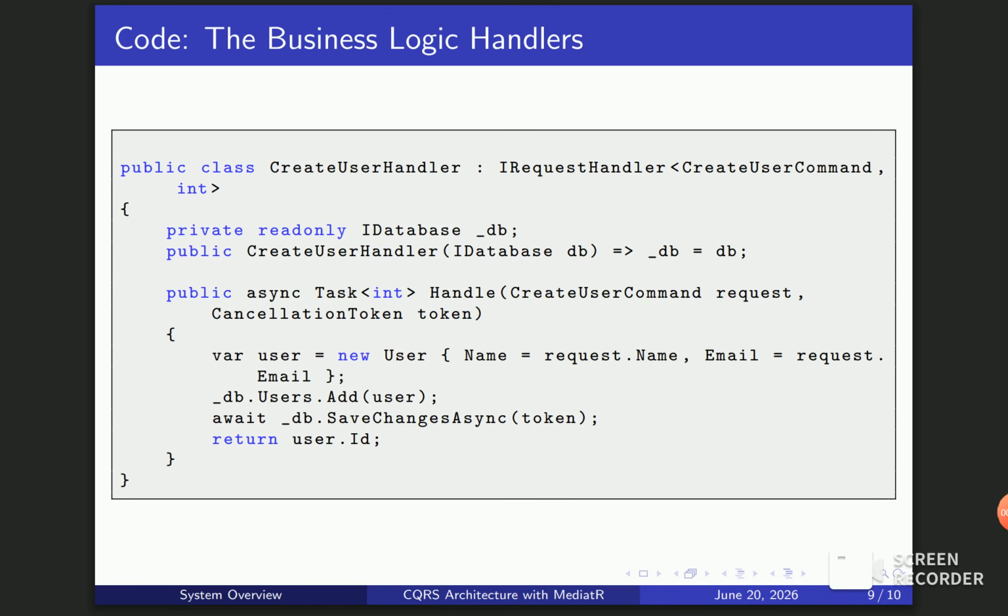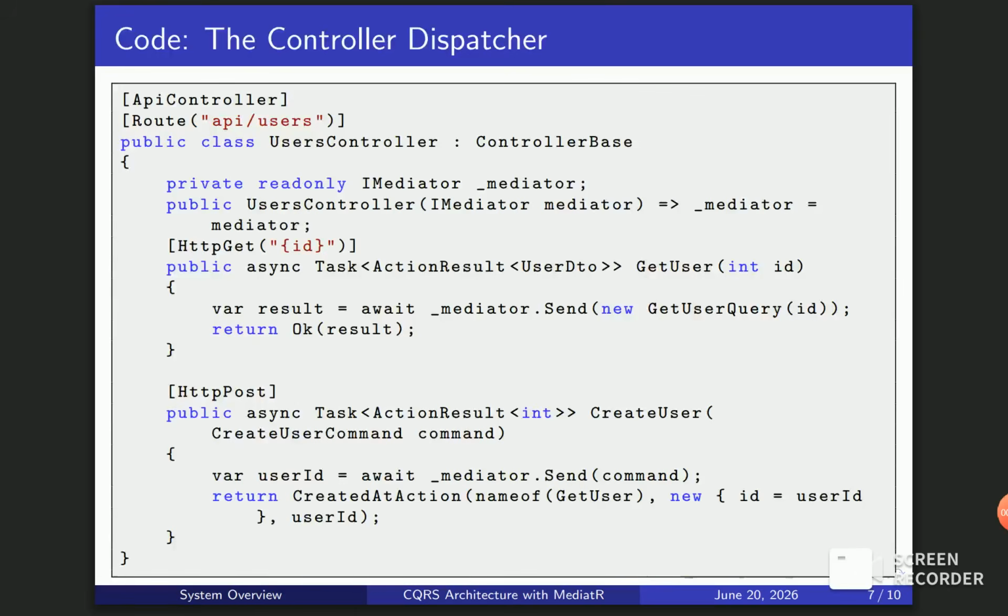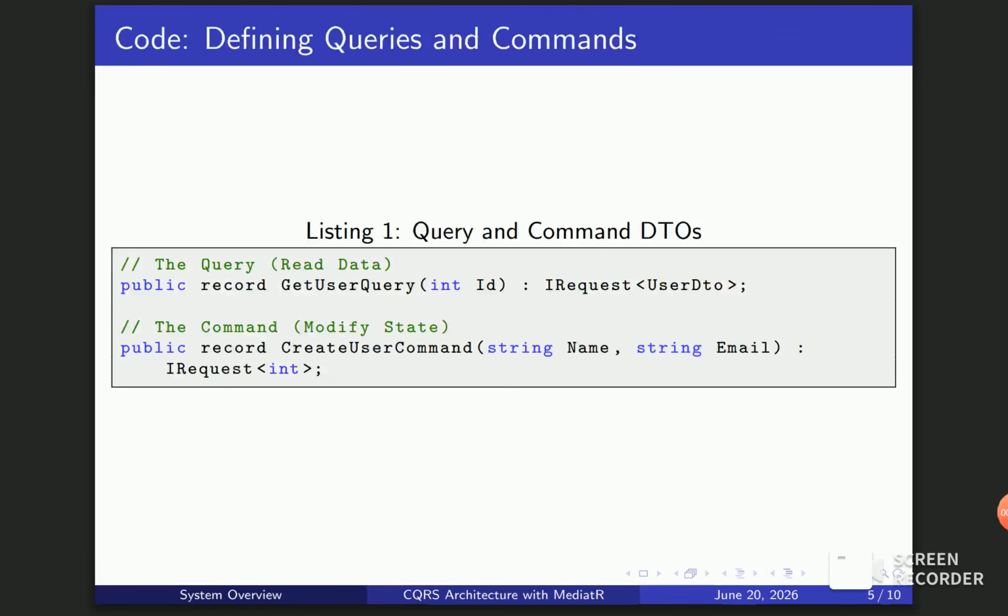So this is the example of a handler, right? So we have an IRequestHandler interface. So we have these two symmetric sides to it, the IRequest and the IRequestHandler. So it's going to look for, since we have here the create user command, right? So we have this record, create user command.